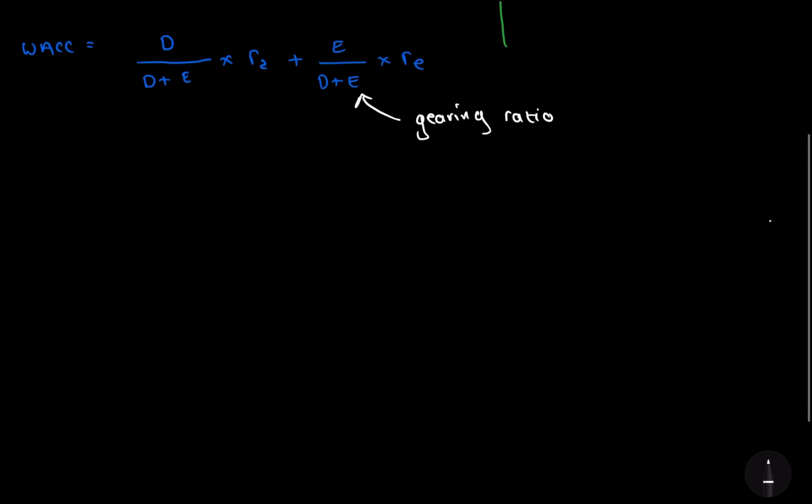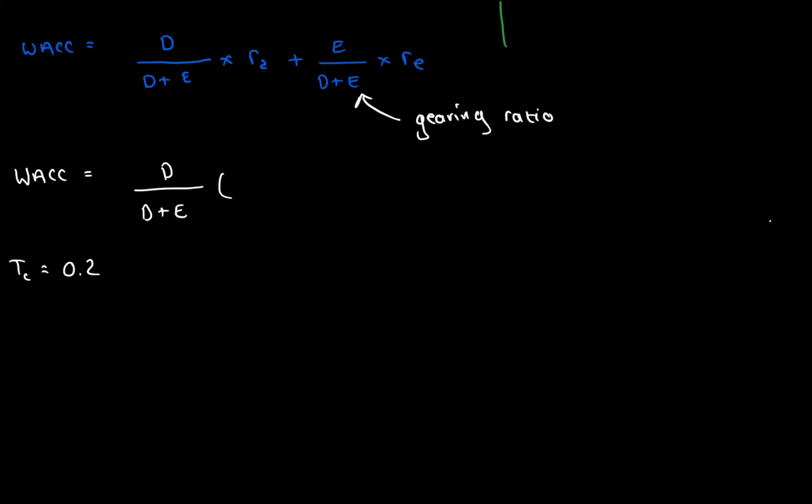But obviously we're going a step further. So once again, I'll write the weighted average cost of capital. We've got the debt plus equity, finding the proportion. However, now we're going to deduct the tax. Let's say the tax rate, let's call it TC, corporation tax. In the UK, it's normally 20%, so let's just say 0.2. By having interest, we are indirectly reducing our taxation, and I'll show you why.